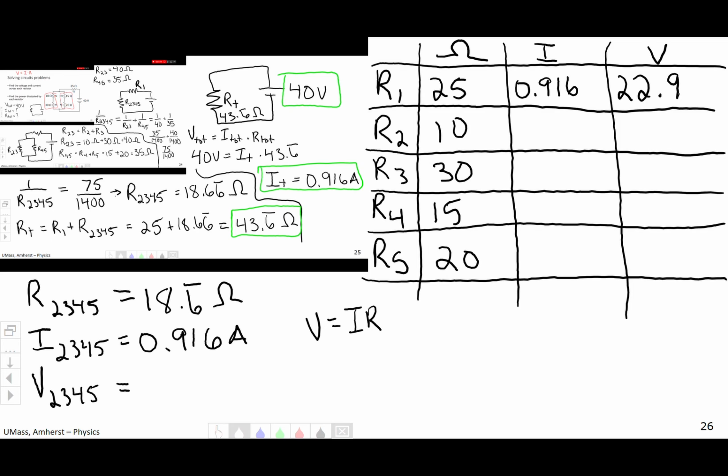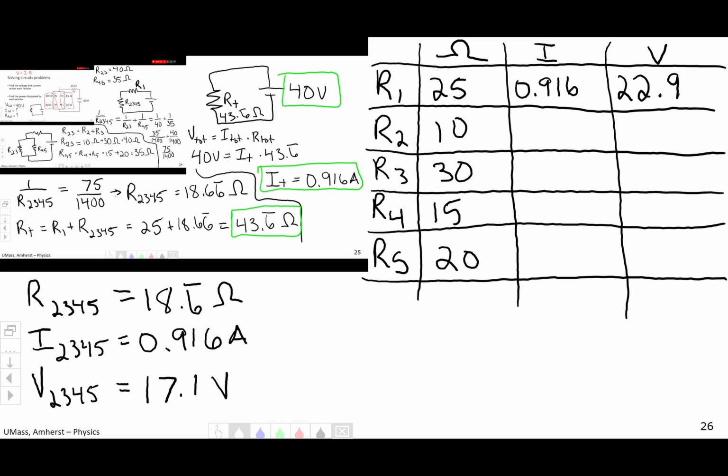We have that those voltages are 17.098, and we're going to do ourselves a favor and round up. Okay. Volts.